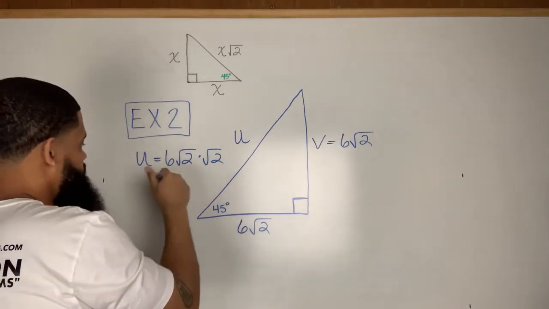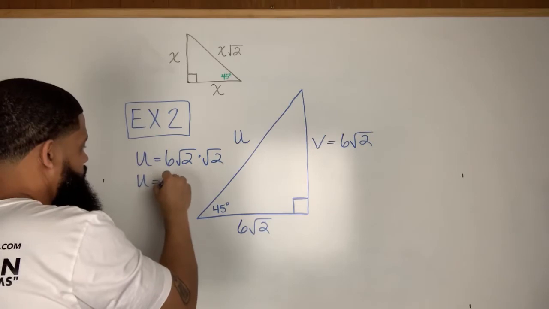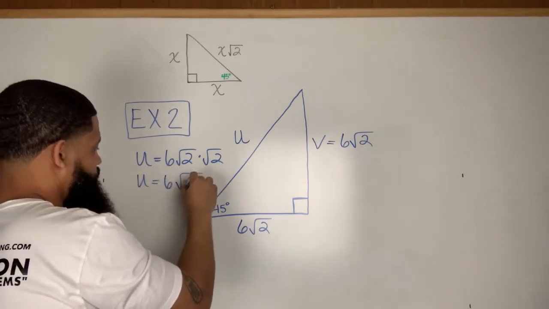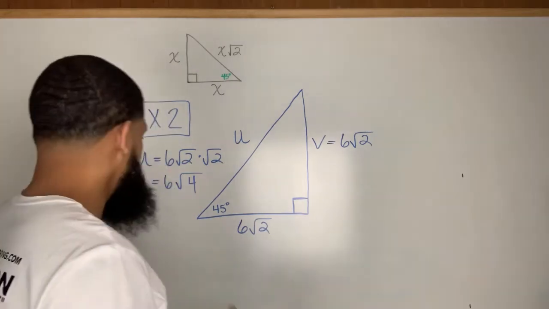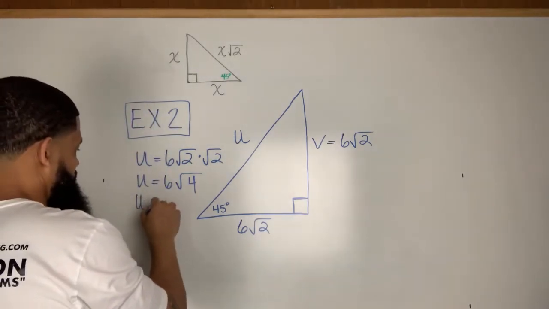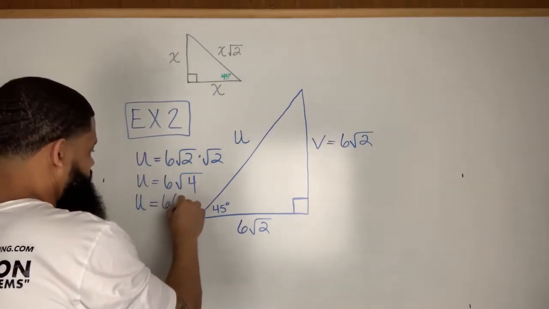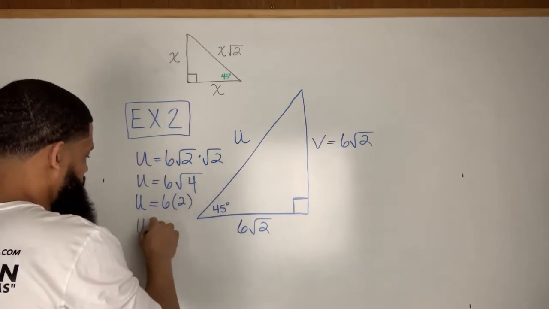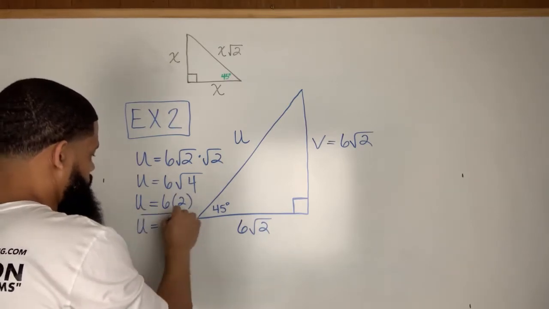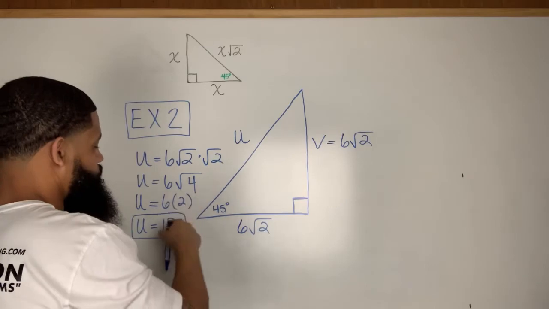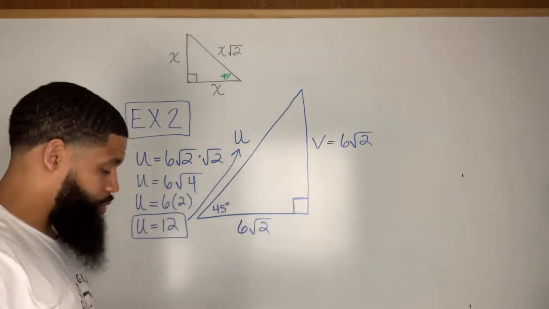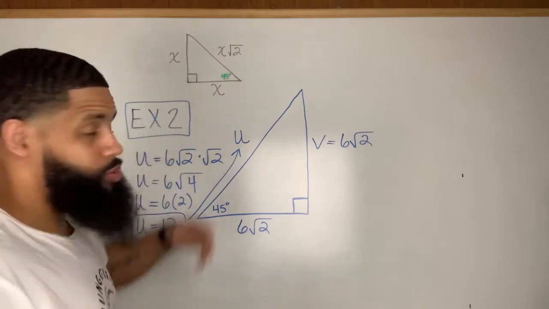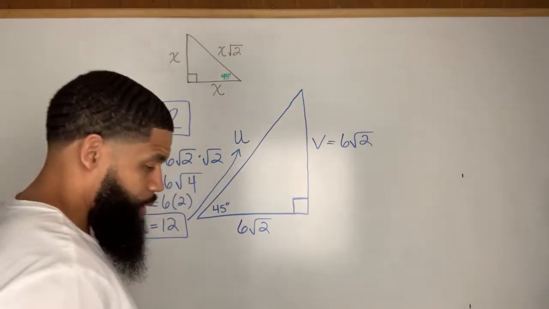The square root of 2 times the square root of 2 equals the square root of 4. 4 is a perfect square, and the square root of 4 is 2. So 6 times 2 is equal to U. U equals 12. All I did was plug the value into that ratio.